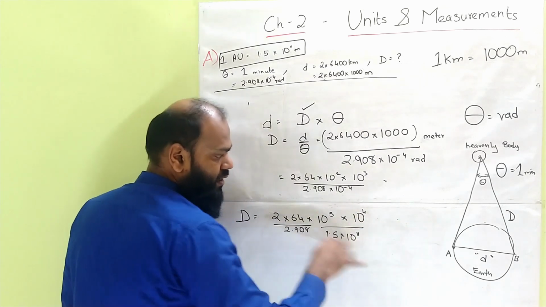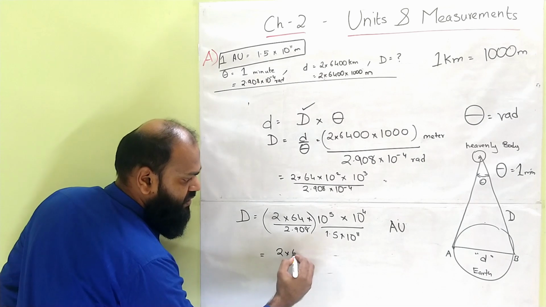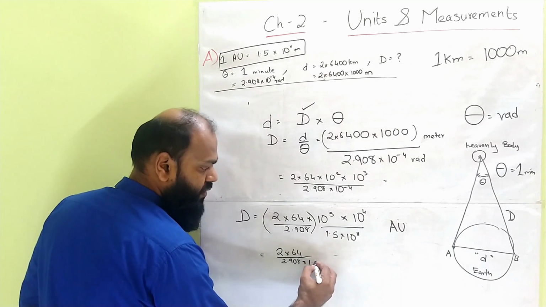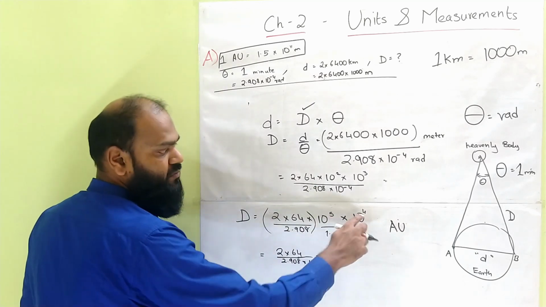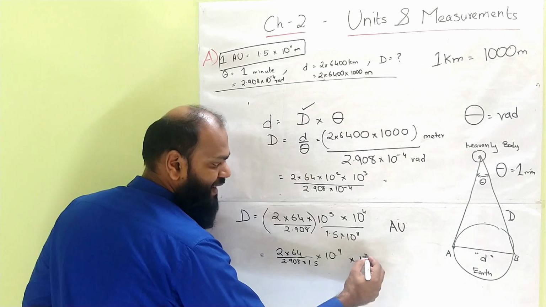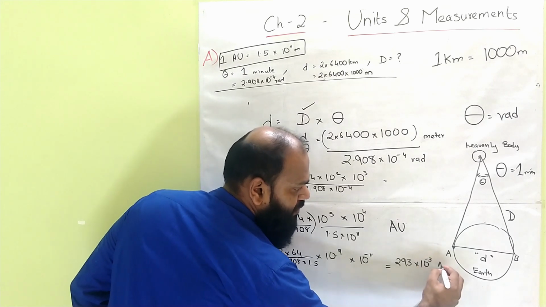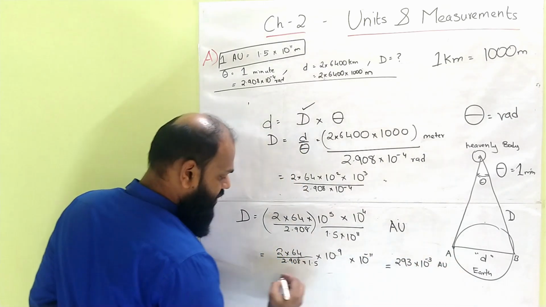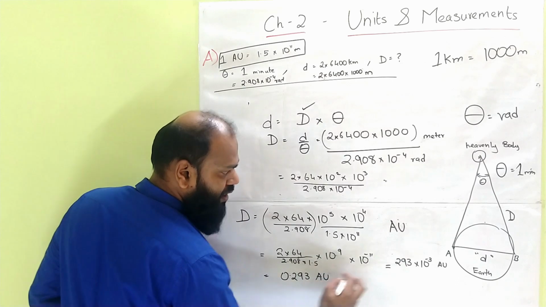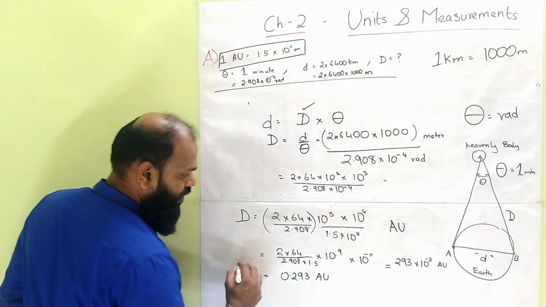After division, the whole thing becomes AU. 2 × 64 divided by 2.908 × 1.5, as it is 1.5 × 10^(5+4), which gives 10^9. Then 10^11, if it comes to the numerator, becomes 10^-11. That gives 293 × 10^-3 angstrom units. Simplifying further, it gives 0.293 angstrom units. This 10^-3 has been replaced by moving the decimal three places: 0.293. So capital D is 0.293 angstrom units.